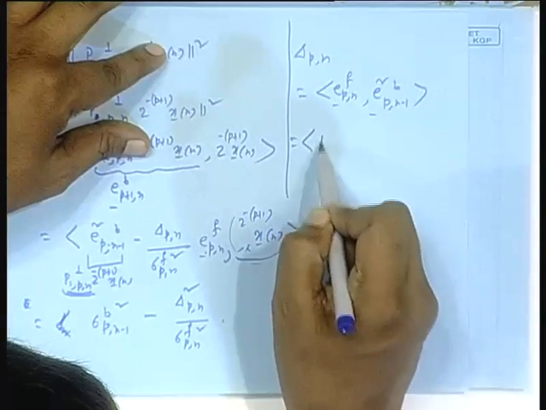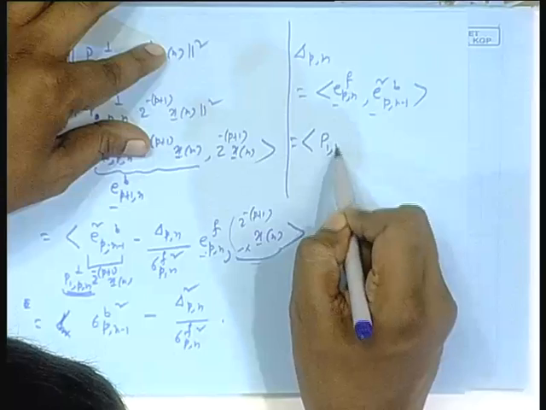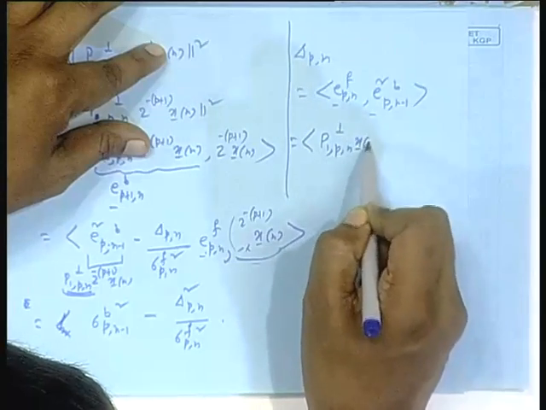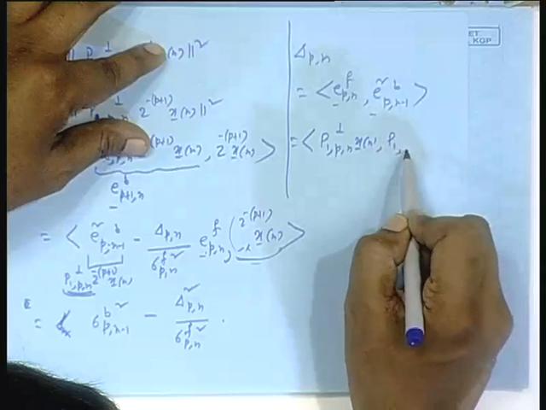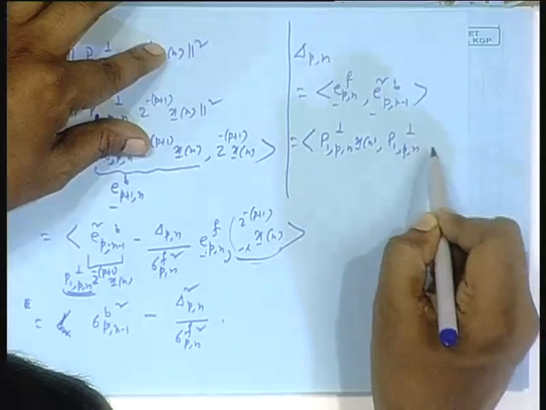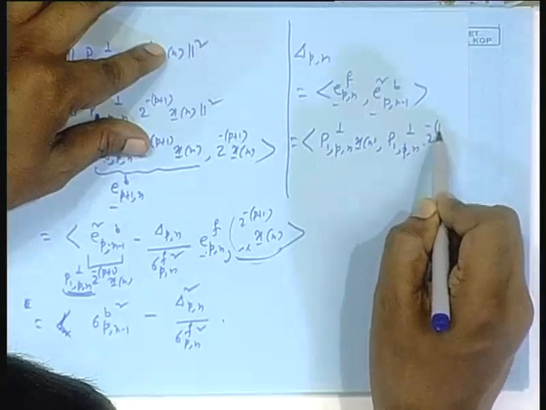In terms of projection, this is P 1 P n perpendicular x n. Here also the space is the same, most importantly the space is the same, but the vectors are different.